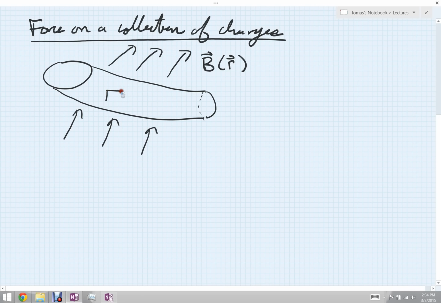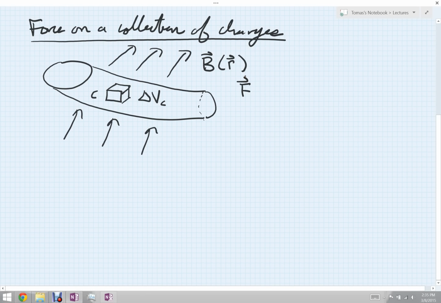Let me draw a little rectangular chunk. I'll call my chunk C, and that chunk will have a certain volume, delta V sub C.